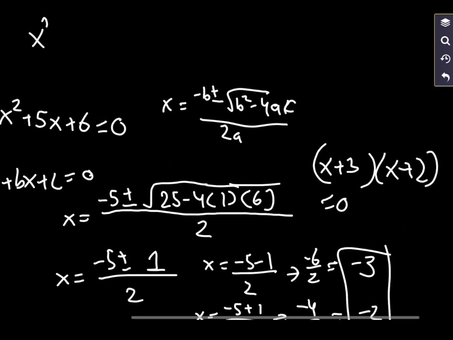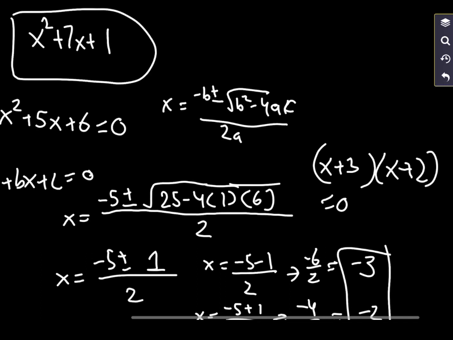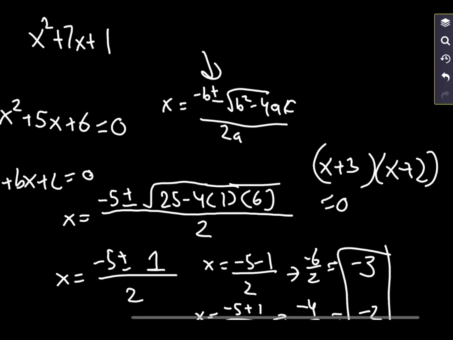For example, if you have x squared plus 7x plus 1, you can't factor this. And that's when you would use the quadratic formula. And for those of you wondering why we can't just complete the square, well, we would get a decimal if we complete the square. So that wouldn't really be practical.